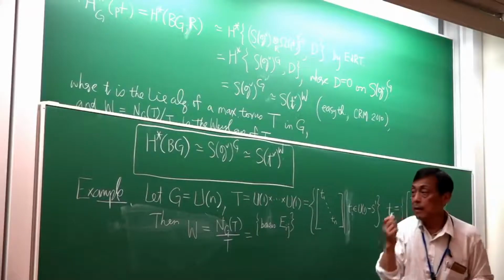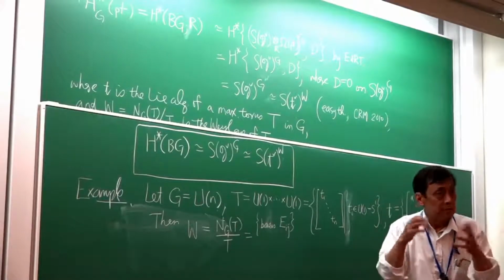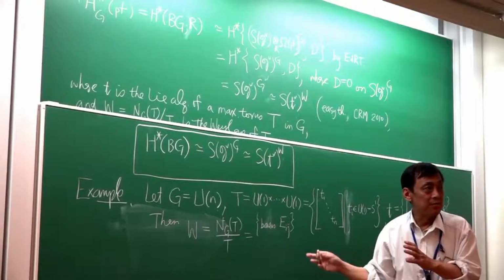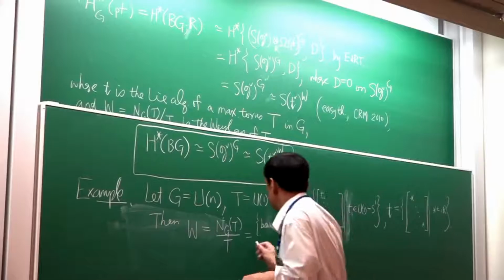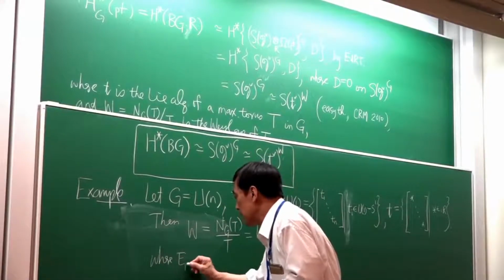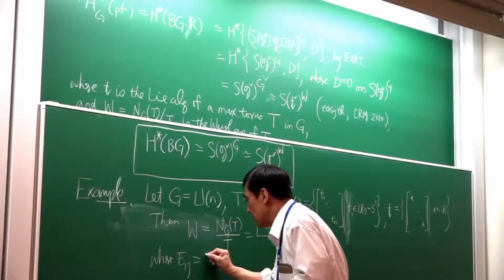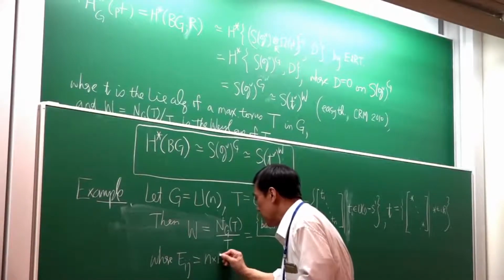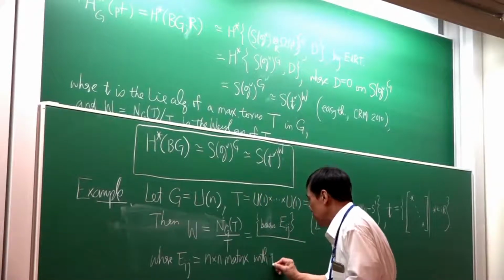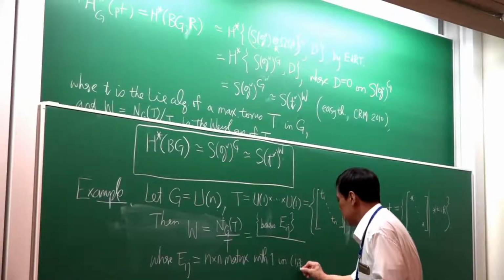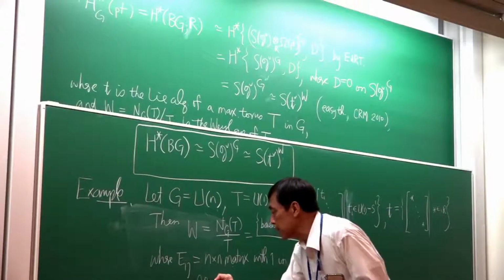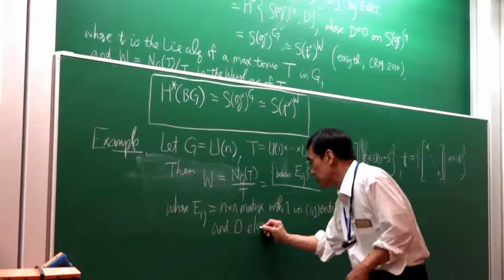So E_ij is the n by n matrix with 1 in the ij entry and 0 elsewhere.